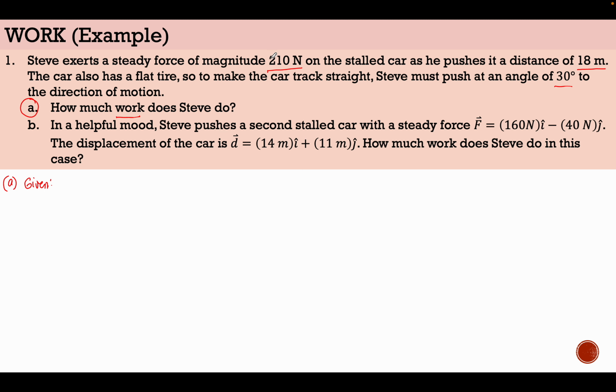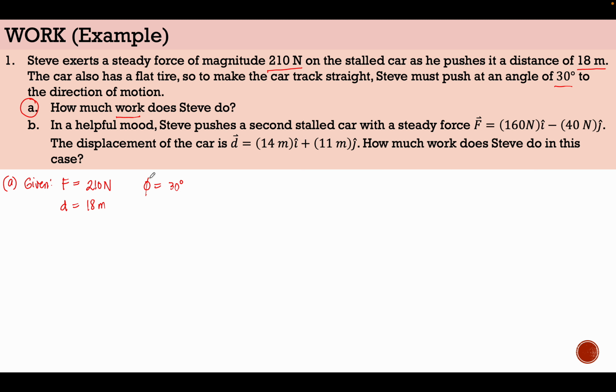We are given the force of magnitude 210 newtons, the distance, which is 18 meters, and also an angle phi of 30 degrees. According to the given, we have the force, the displacement, as well as the angle phi.